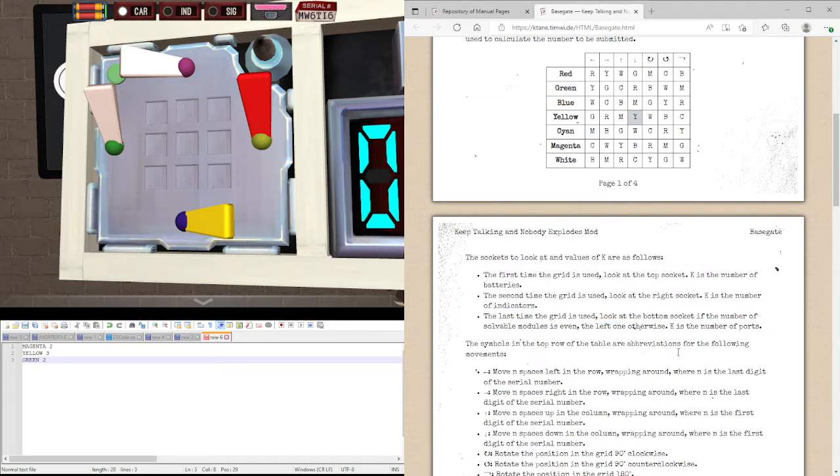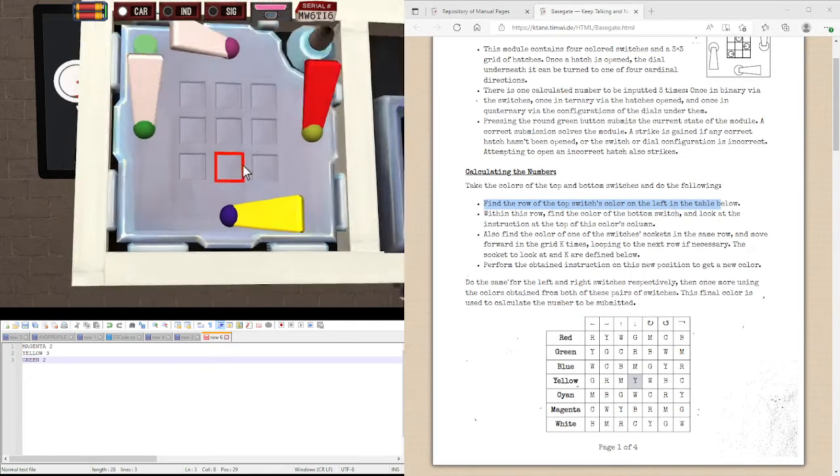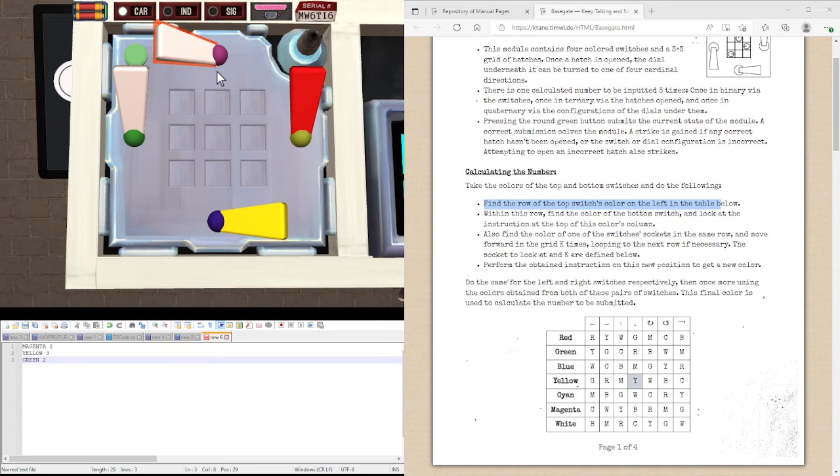Now going back up here, find the row of the top switch's colour on the left in the table below, so that will be white. We're now going to find the colour of the bottom switch, which is yellow here, to follow it up to get an instruction, which is this.